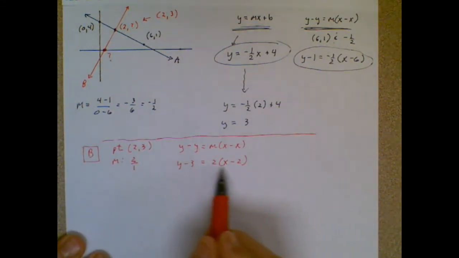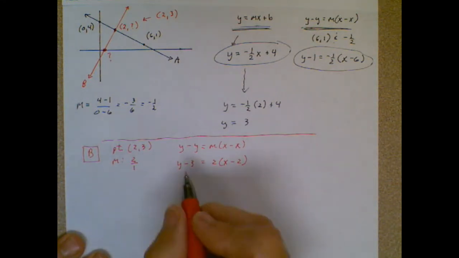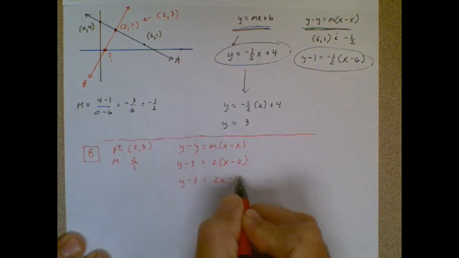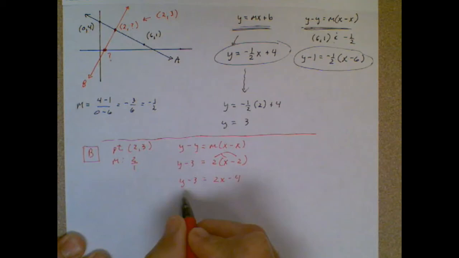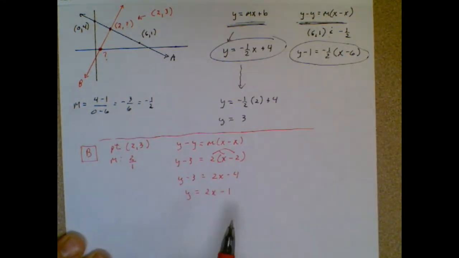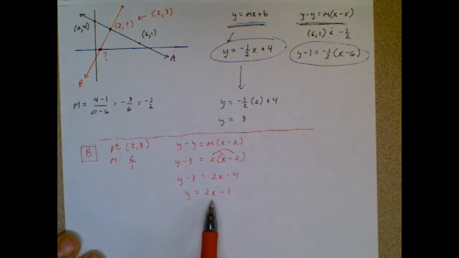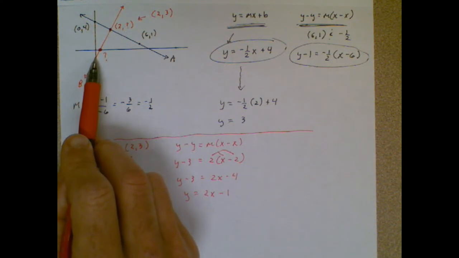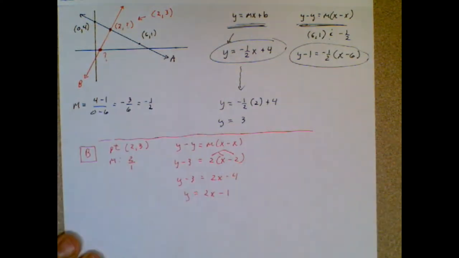This is now the equation for line B, and technically I'm done getting the equation, but since I have more work to do, I'm going to put this in a more user-friendly form. Distribute that out. Move the negative 3 over. And this is telling me that line B is y equals 2x minus 1, which makes sense with our sketch. My y-intercept is about negative 1, and the slope looks like a good solid positive 2.